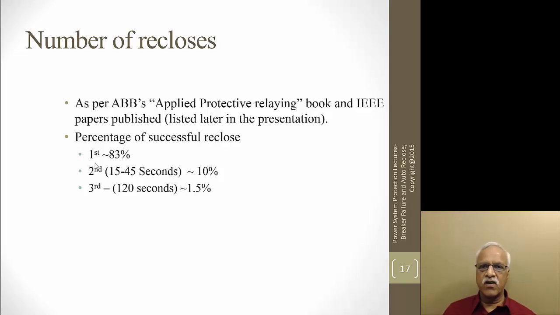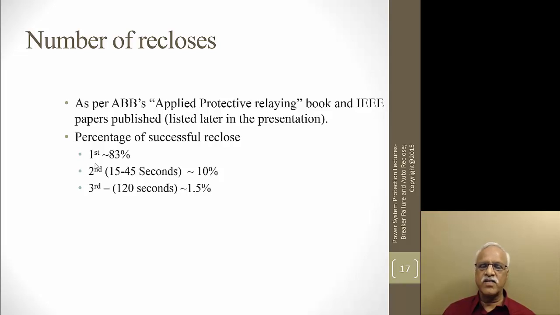Most transient faults, if they are transient in nature, the very first reclose will bring it back. The second and third are just additional attempts to restore the system. But if it is a permanent fault, then you are giving the system a lot of bumps.